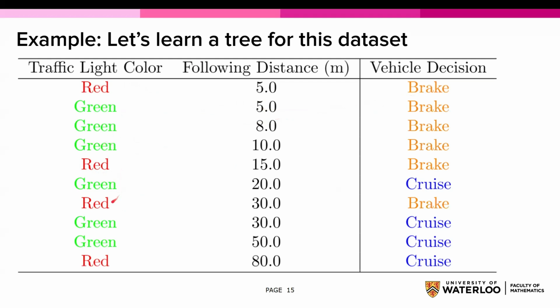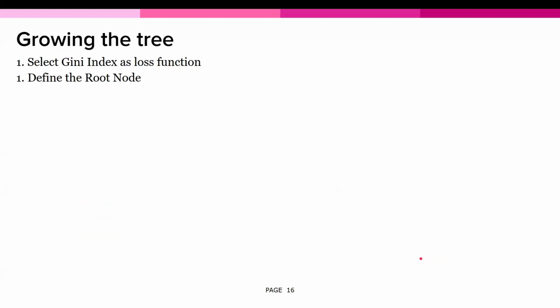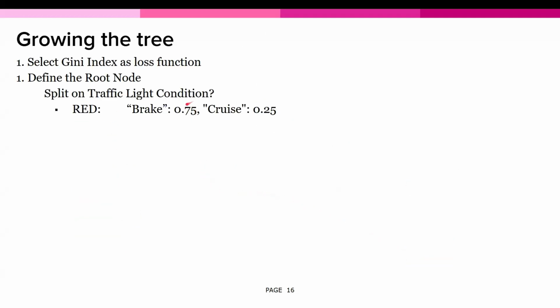We have 1, 2, 3, 4 observations within the red subspace, and they're labeled brake, brake, brake, and cruise. So the empirical fraction of brake within the red subspace is 0.75, and the empirical fraction for cruise is 0.25.